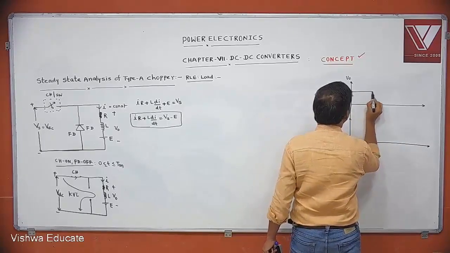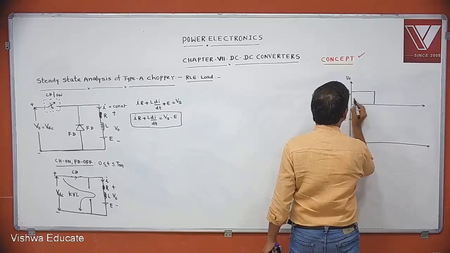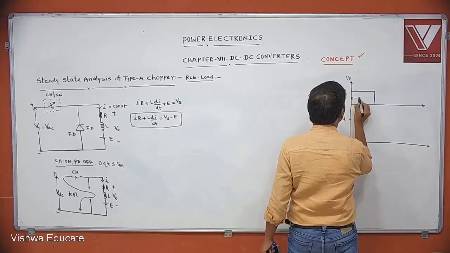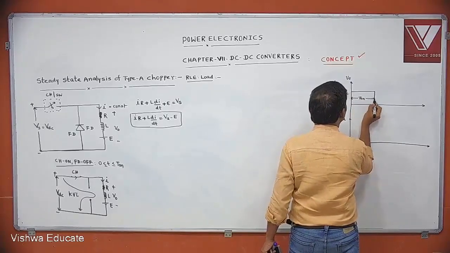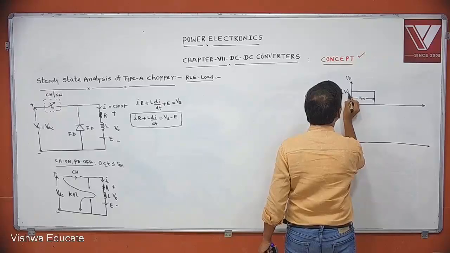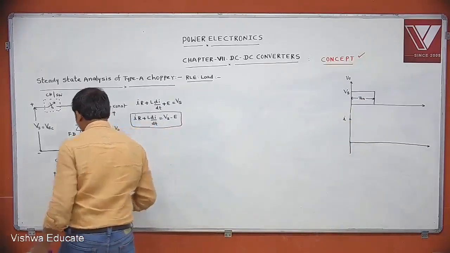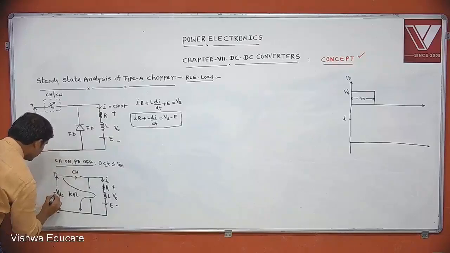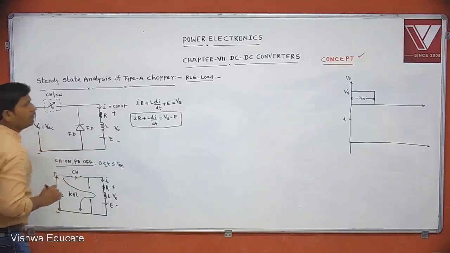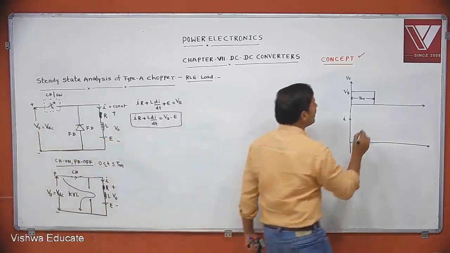The chopper is on during T on. This is T on. V0 equals Vs, that is VDC or Vs.